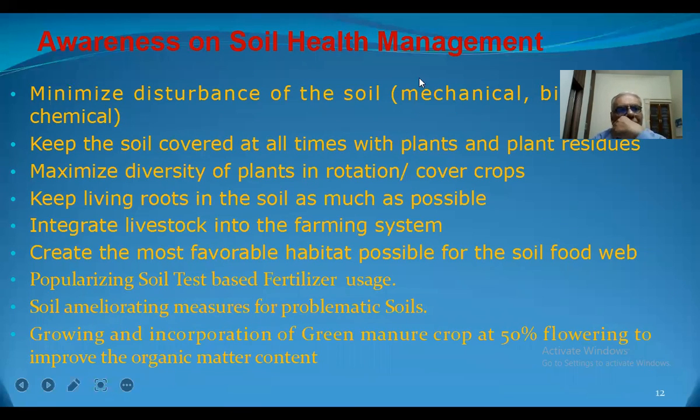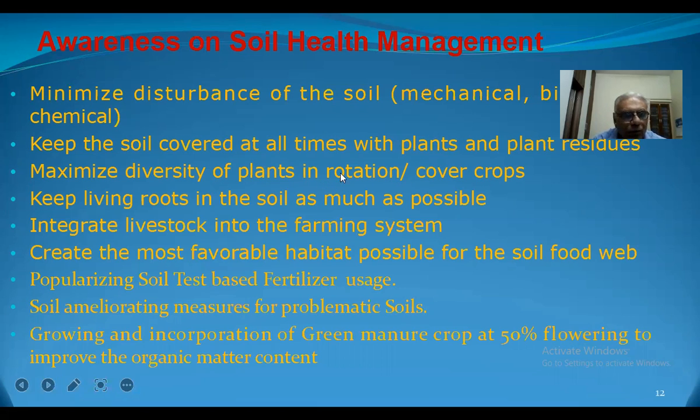Awareness on soil health management. For that, we have to minimize the disturbance of the soil, keep the soil covered at all times with plants and plant residue, never keep soil naked, and maximize diversity of plants in rotation or cover crops.